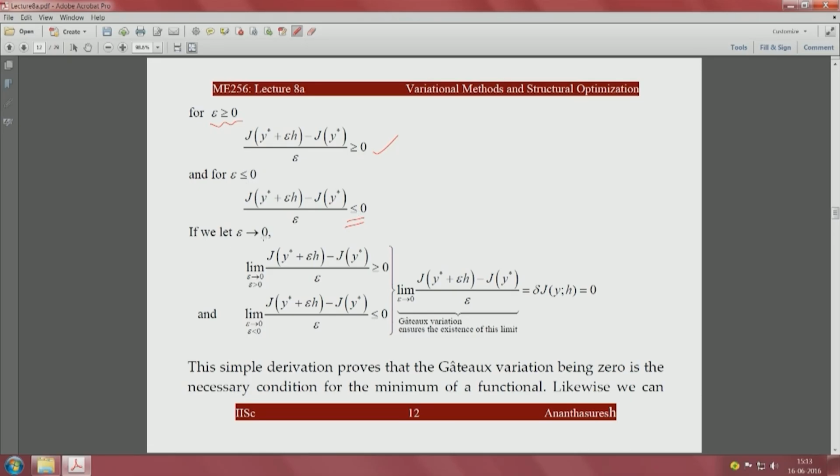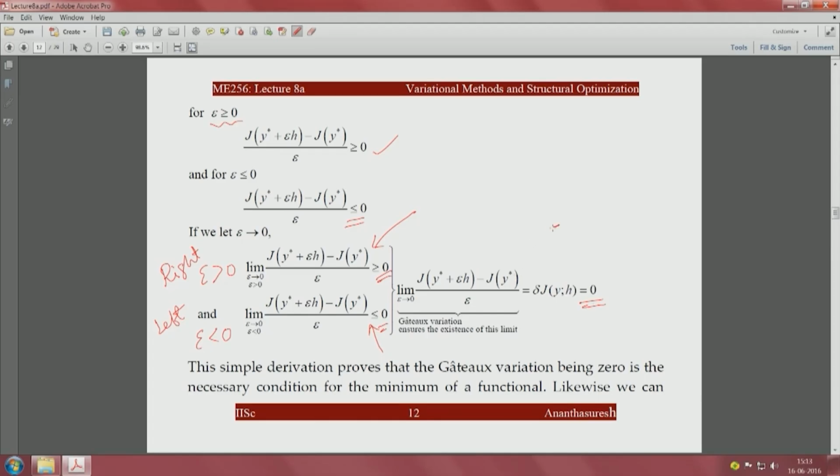If we let epsilon tend to 0, here we are saying epsilon is greater than 0, here epsilon is less than 0, that is we are approaching 0 from the right side, and here it is the left side, we are coming this way. This says greater than or equal to 0, this less than or equal to 0. What should it become? It should become greater than or equal to 0, right.